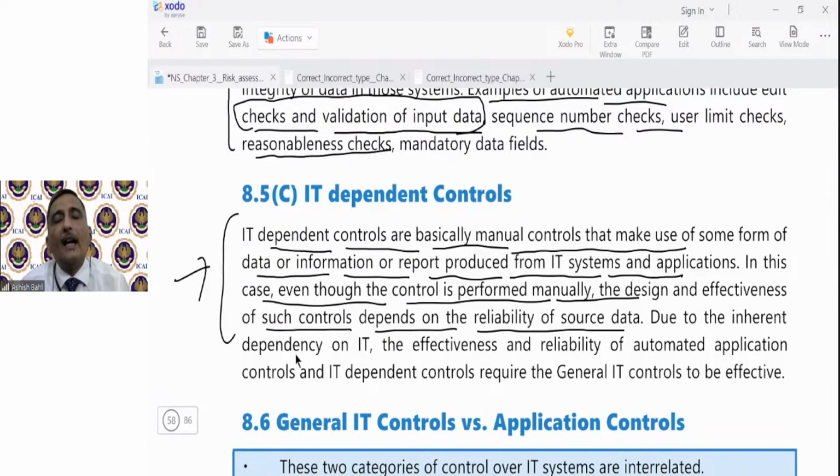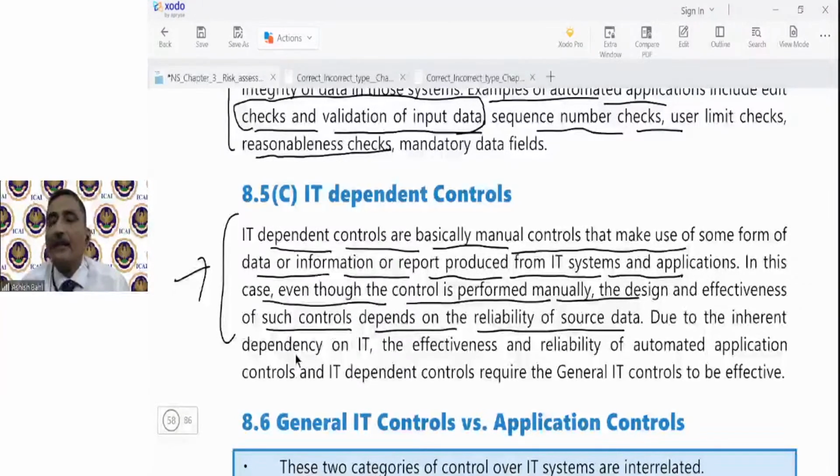The second part relates to processing, and the third part relates to the output data. But all these controls operate at the level of that one application which we are considering.